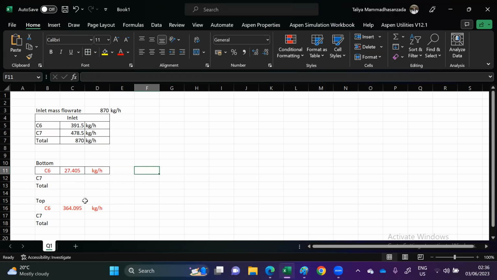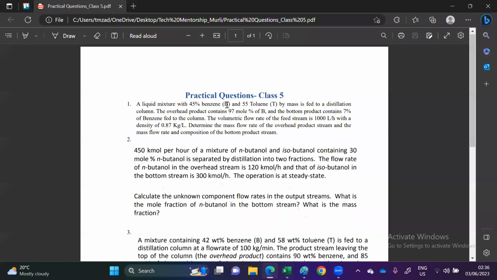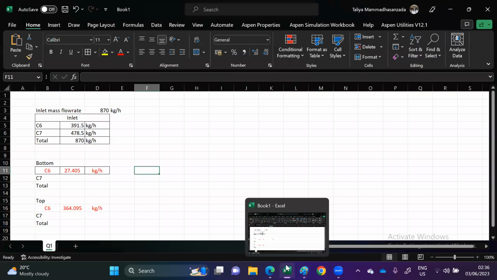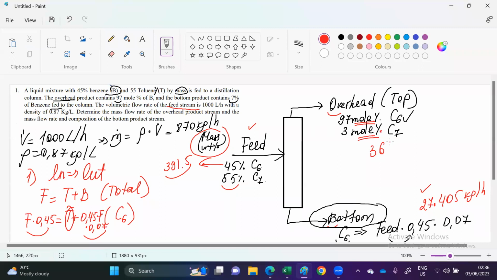Next step is to work with the mole balances. It is said in the question that the overhead product contains 97 mole percent benzene. It means that this value we found by subtracting feed minus bottom, approximately 364 kilogram per hour, the exact value was 364.095, is equal to 97 mole percent, right?